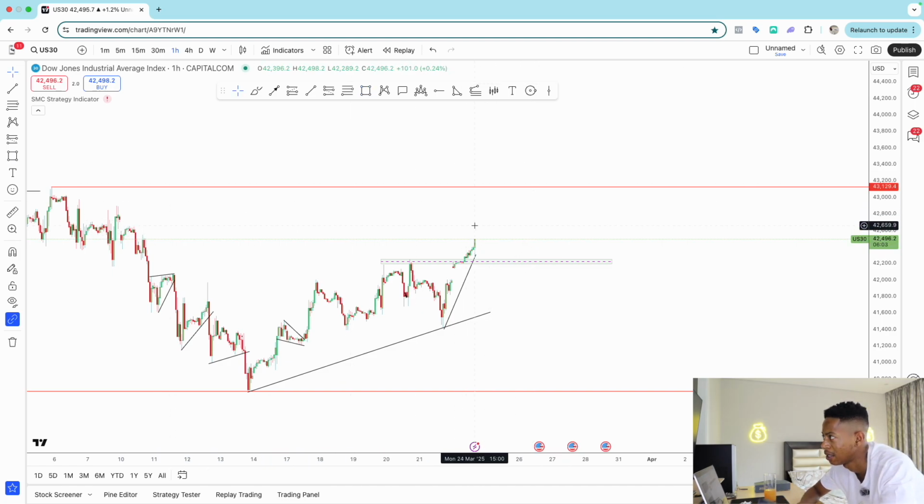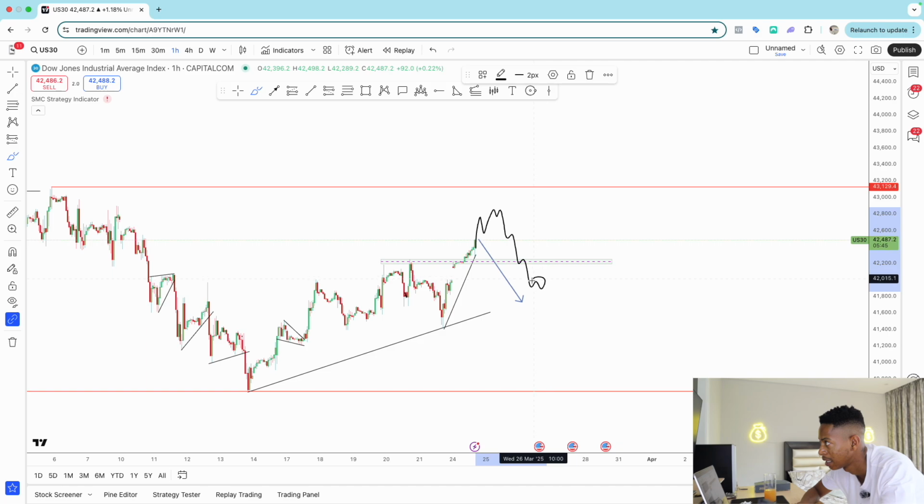With this area, it looks like price can just continuously go and hit take profit. But for me to be involved in this trade, I'd rather wait for a small retrace, where the market moves up, then moves down like this, and then continues to go back up.